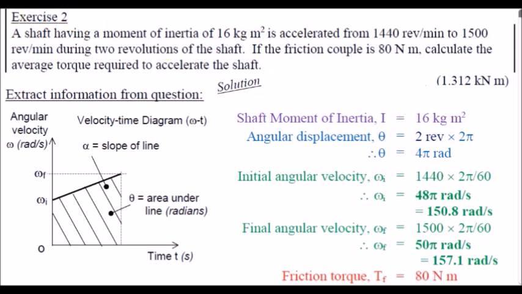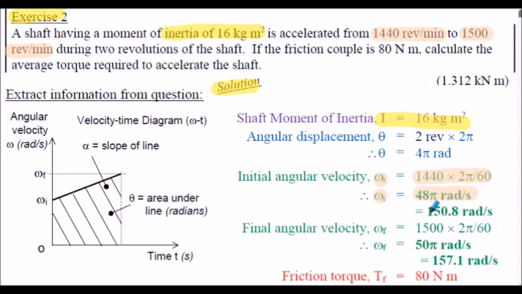Here's exercise 2, solution. Extract the information from the question. We know the moment of inertia, given in the question, 16 kilogram meter squared, 1440 revs per minute to 1500 revs per minute. So I've converted here my initial angular velocity from RPM into radians per second. So omega i is 48 pi radians per second.